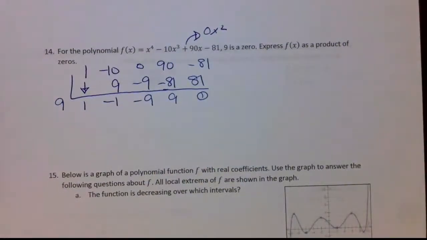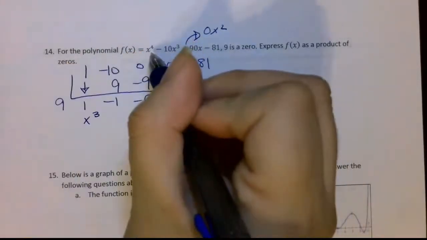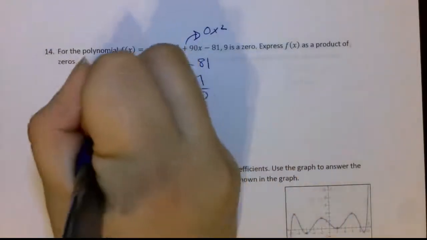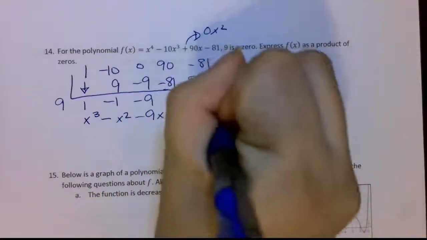If I look at my coefficients, I can rewrite this. I'll have x cubed, because remember I always start one exponent less than where I began, minus x squared minus 9x plus 9 equals 0.